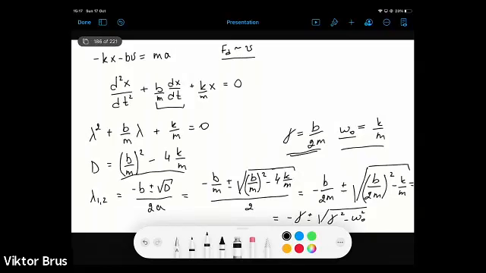So here we need to write that omega is equal to the square root of k divided by m, or omega not square is equal to k divided by m. You are right, because here we have omega not square.